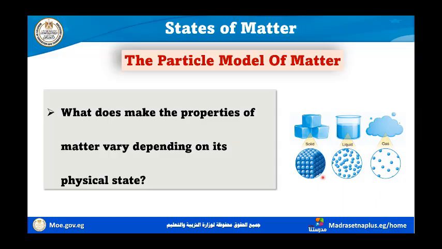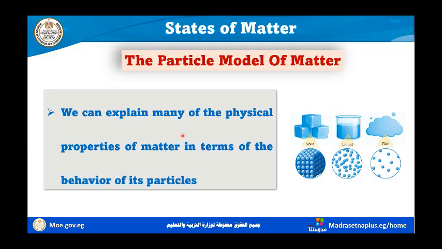We have learned in our previous session, for example, that solid state has a fixed shape, while liquid state and gaseous state have no fixed shape but take the shape of the container. So why does the property of each one of them depend on the physical state of the matter? This we are going to discuss and learn in our session.